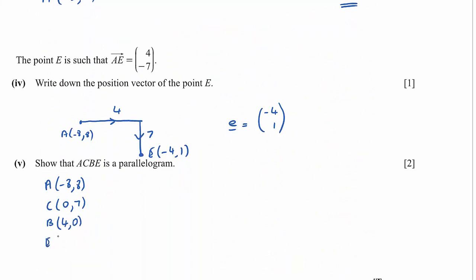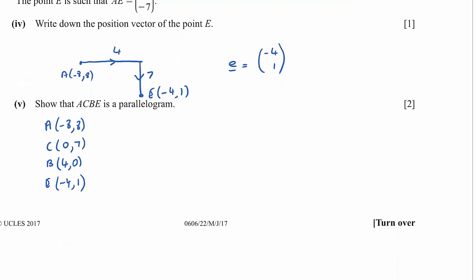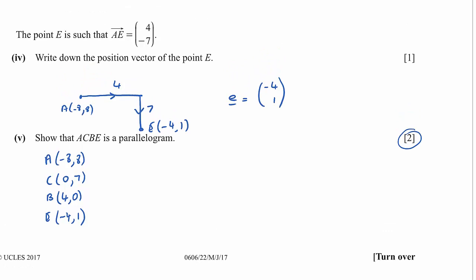And E is, as we know, (-4, 1). Now, there's only 2 marks here, so I'm sure we can use some information from further up the page in order to do this. So we have A, C, B, E like this.